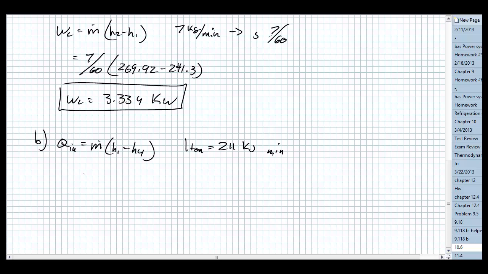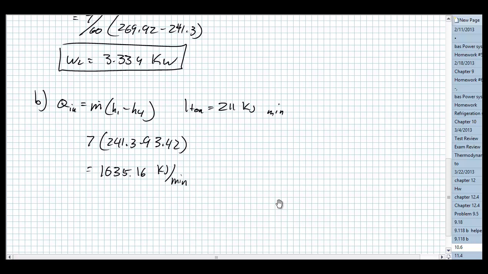So plugging in all of our values and solving, we get 1035.16 kilojoules per minute.